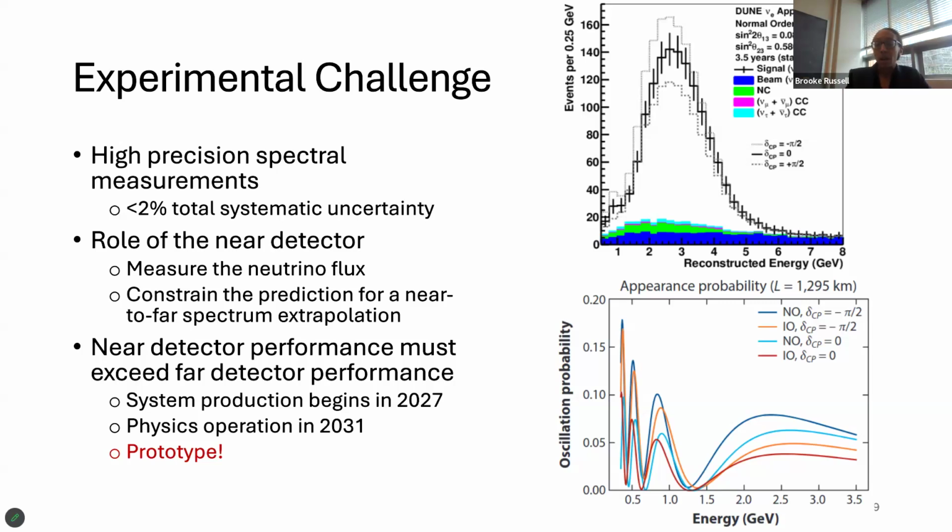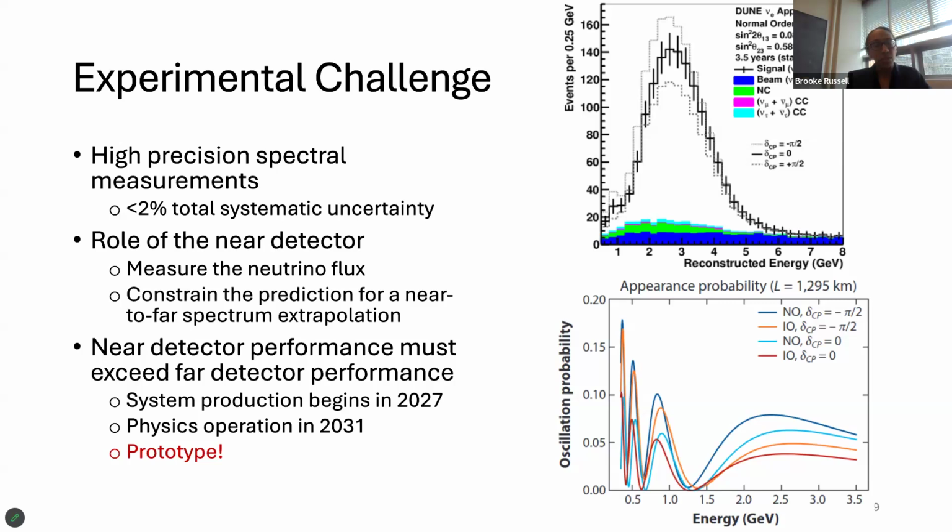To do this reliably, I need to provide a measurement with small systematic uncertainty. At these statistics, we're no longer statistics constrained, but really we have to be mindful of our systematic uncertainty budget. For DUNE, we're trying to keep the total systematic uncertainty to less than 2%. So the near detector plays a pivotal role in this systematic uncertainty.